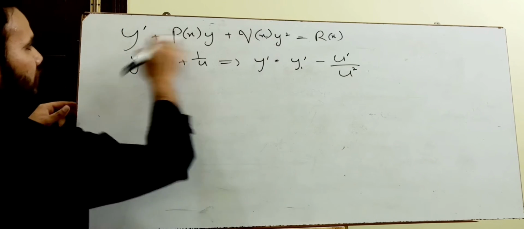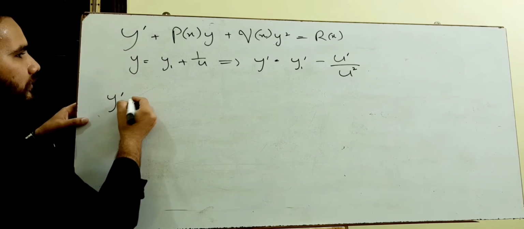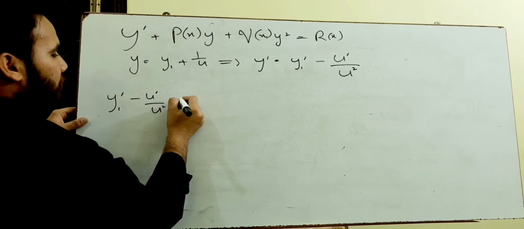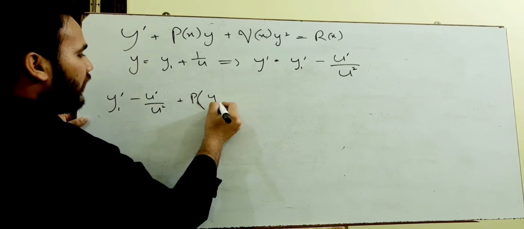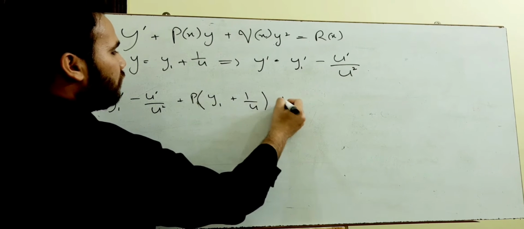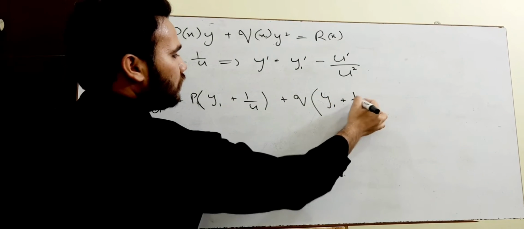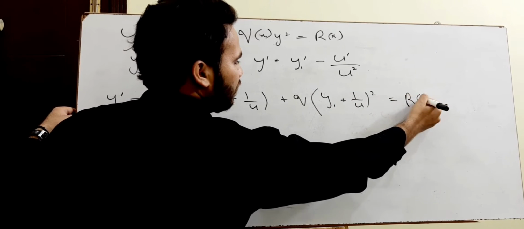I'm going to substitute this here. So what we have: y1 derivative minus u derivative over u squared plus p times y1 plus 1 upon u plus q times y1 plus 1 upon u whole squared equals r of x.